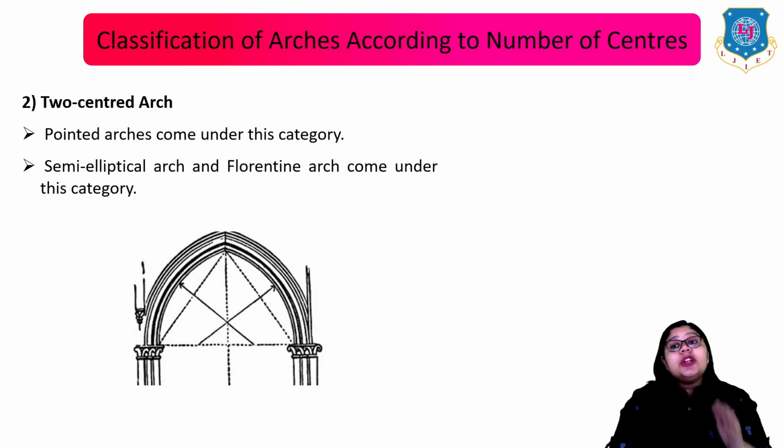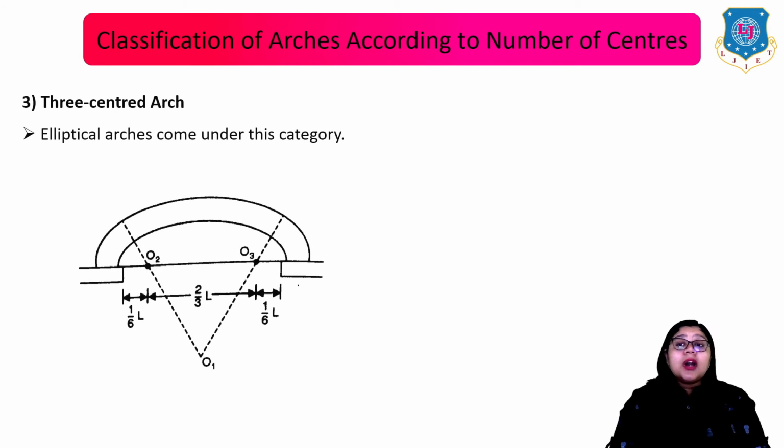The second type is the two-centered arch. Pointed arches come under this category. Semi-elliptical arch and the Florentine arch come under this category as shown in this figure. The third one is the three-centered arch. Elliptical arches come under this category particularly.